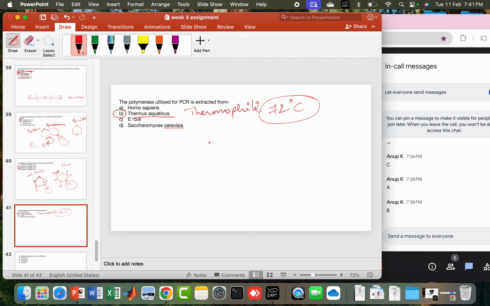That's why the name Taq polymerase, from T and AQ, Thermus aquaticus. So we use Taq polymerase in PCR, and it works very nicely at 72 degrees Celsius since it's a thermophile, present in different thermophilic environments.